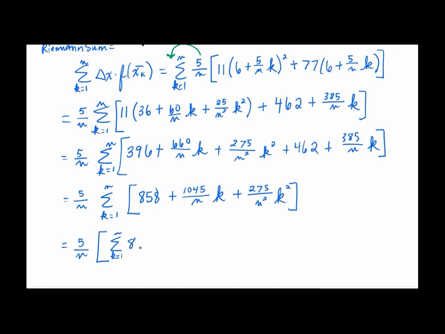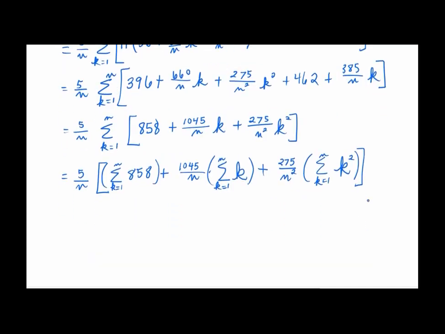So we have the sum from k equals 1 to n of 858 plus 1045 over n, that constant I'm pulling out to the front of the summation from k equals 1 to n of k. Maybe we should put some parentheses around these here. And then the last one is 275 over n squared times the sum from k equals 1 to n of k squared.